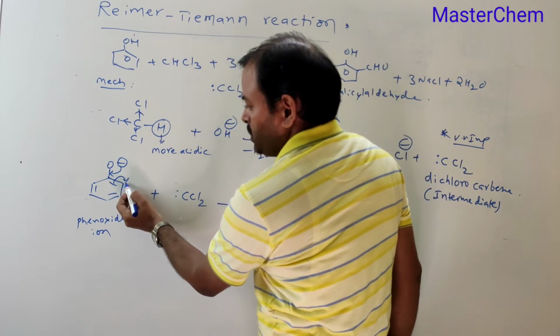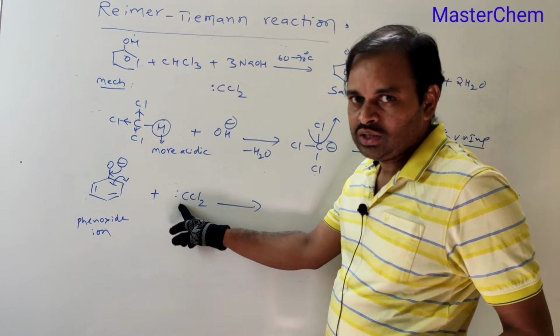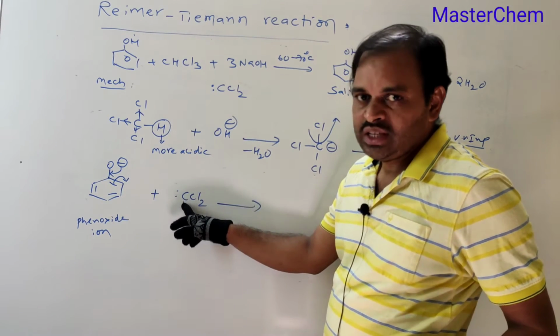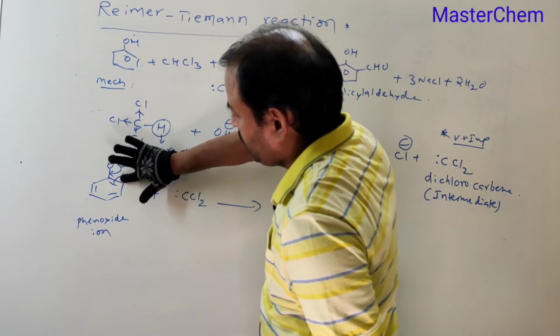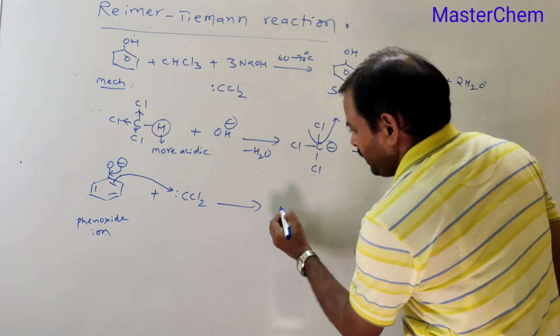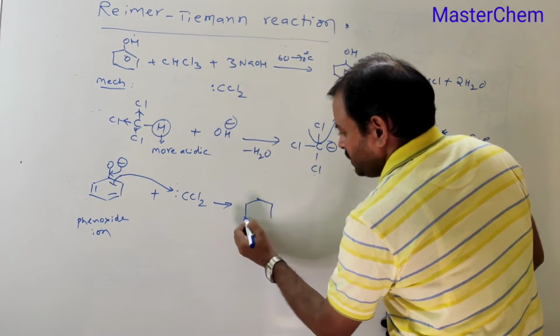Due to this delocalization, this carbon gets a negative charge and this one is electron deficient, a neutral electrophile. So the negative charge attracts this electrophile. That's why you can show this directly like this. And what is the resultant bond?